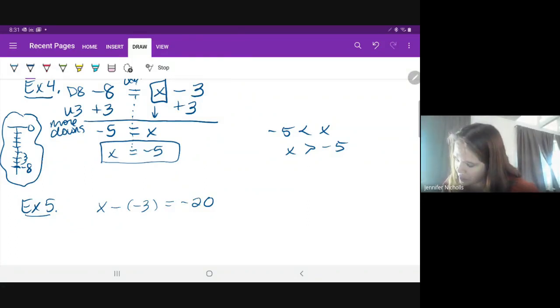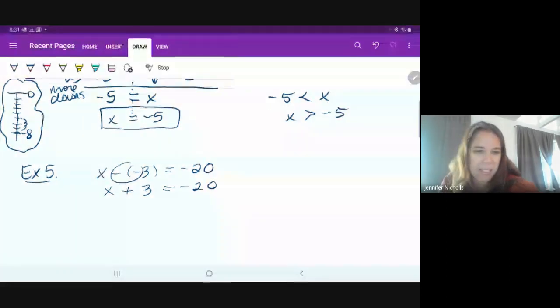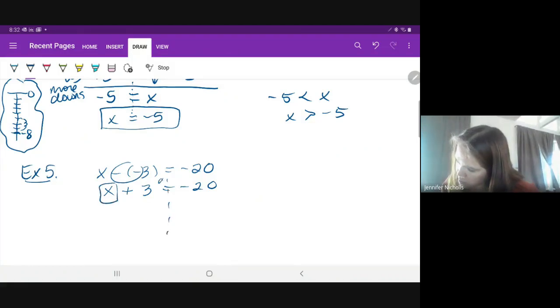So x minus -3 really changes to x plus 3. That's something that you might remember from middle school. And then how do I get rid of the 3? So -3, x equals, so what do you think?